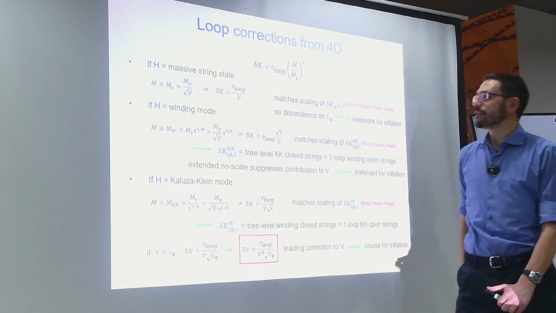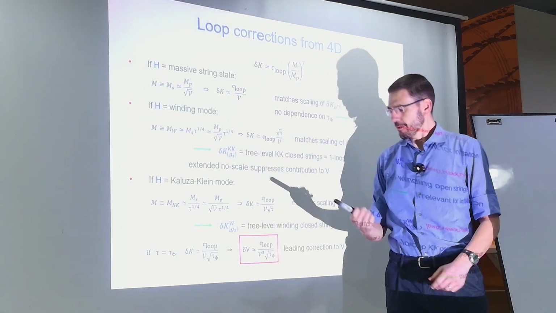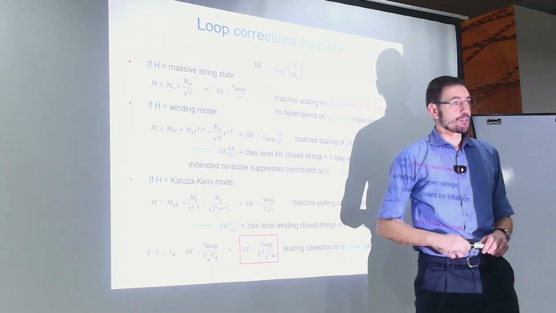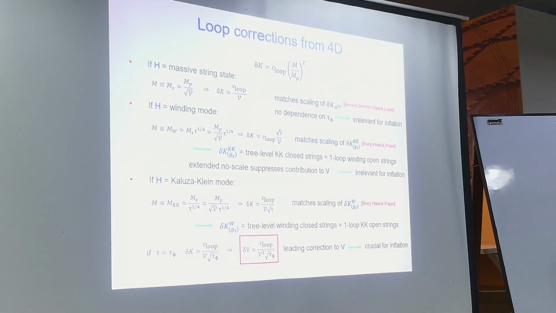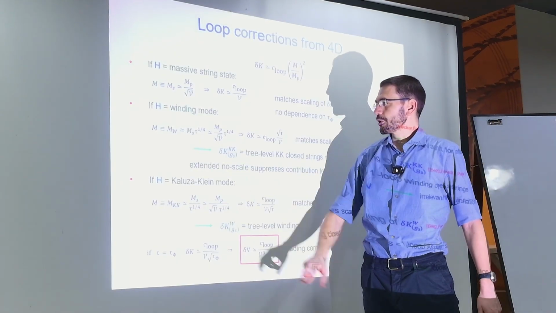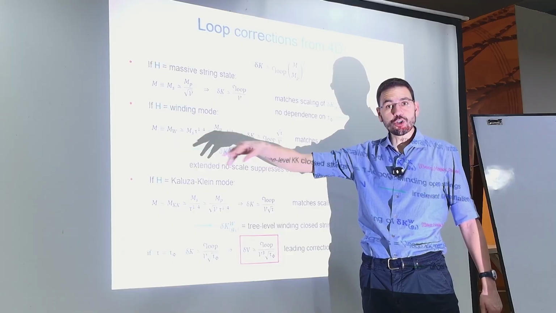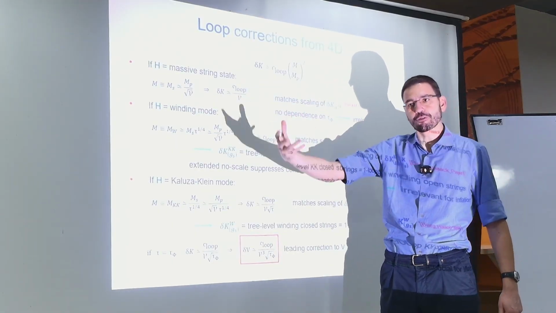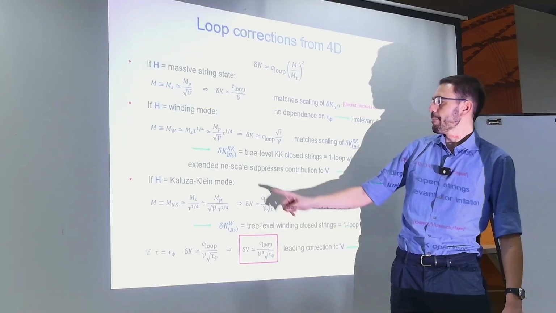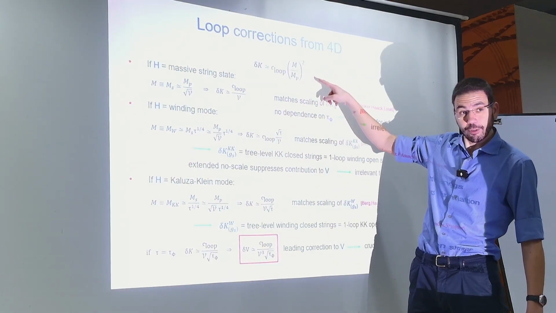Now, what about a winding mode? Winding modes, M winding, have a mass which is the string scale times a length, because it is a winding state. We care about the dependence on the Kähler moduli. Remember, tau is a 4-cycle modulus, so it's a length to the 4th, so we need to take the 1/4 power. You need to write everything in terms of M Planck because you're in supergravity.